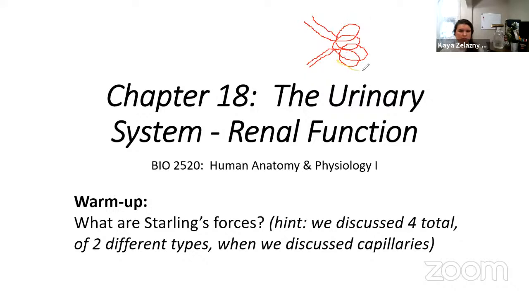It forms a sort of layer like this, like a mouth eating our glomerulus. This is the beginning of the nephron, the place where we're going to talk about Starling forces as being relevant for our kidney.